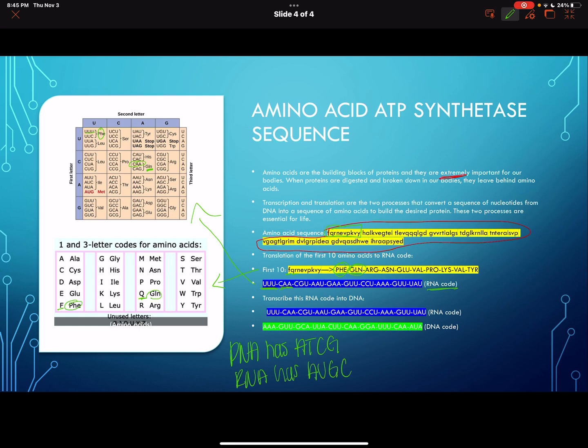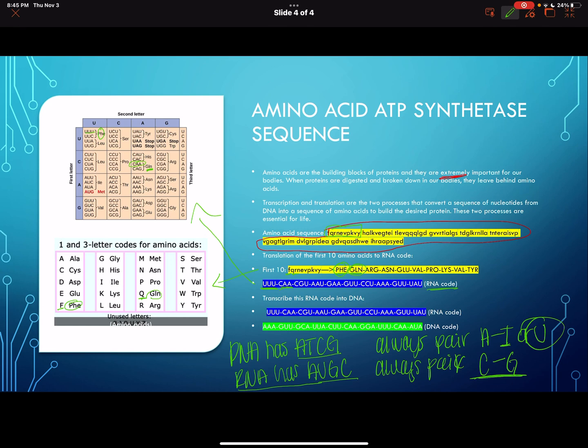So what that means is you always pair A to T or U, and always pair C to G. So to transcribe the RNA code into DNA code, instead of T, we want to use U, and then we're still going to use C to G. Because over here, as I've written down, RNA has AUGC, but DNA has ATCG and not U.